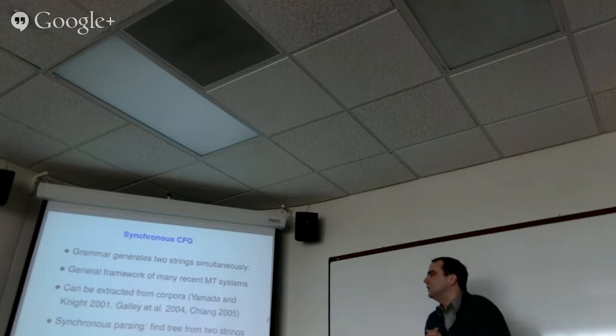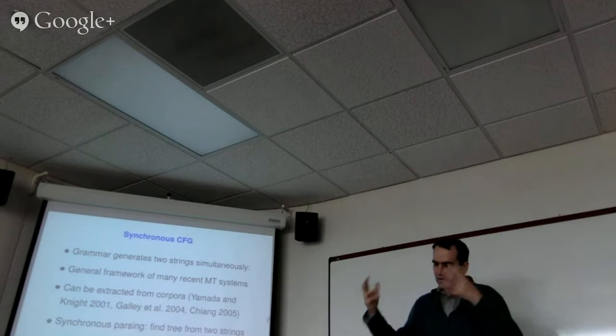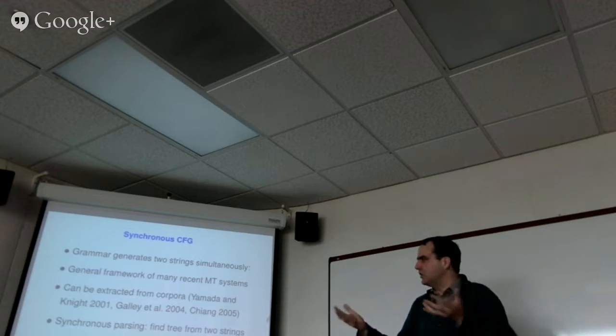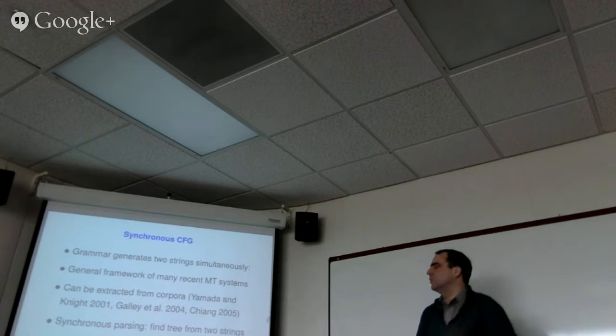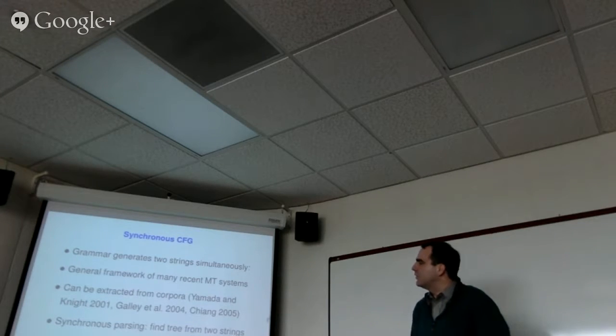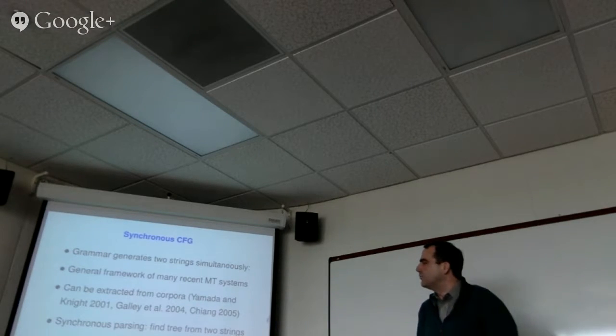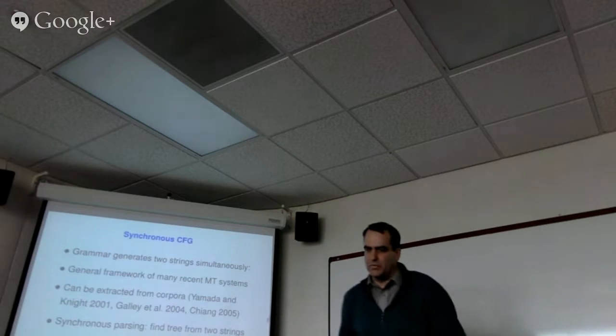So that could be in the context of machine translation that you have these two sentences and you're trying to figure out which Chinese words go with which English words. So that's word alignment. So parsing with synchronous context-free grammars can be used in that context, and also to learn probabilities for the rules for your translation model.